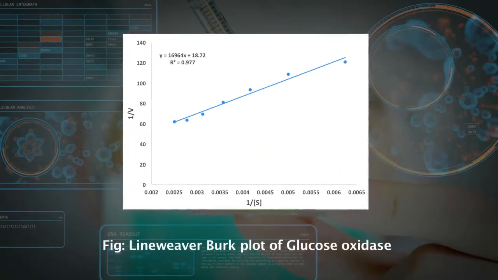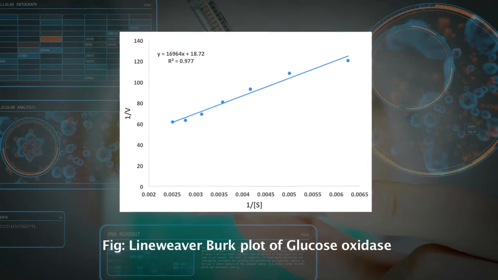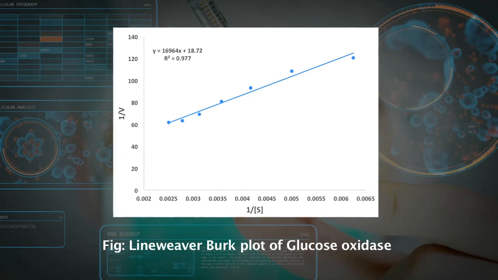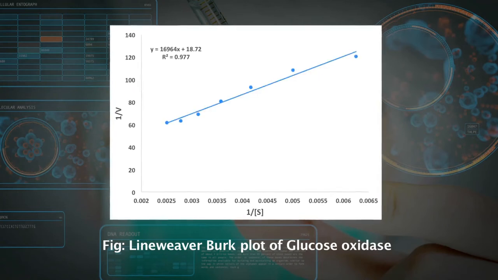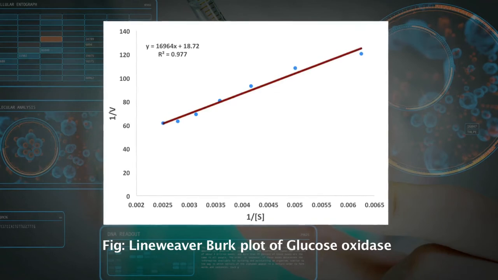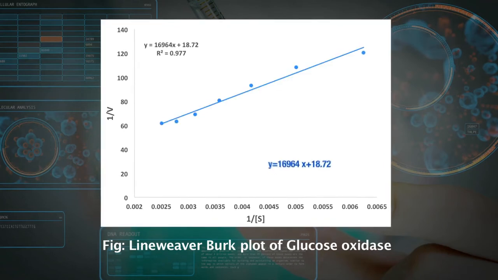Then, a graph of reciprocals of substrate concentration and rate was plotted to get the Lineweaver-Burk plot. A straight line with an intercept at the y-axis with the following equation was obtained. Here, y is equal to 16964 multiplied by x plus 18.72.